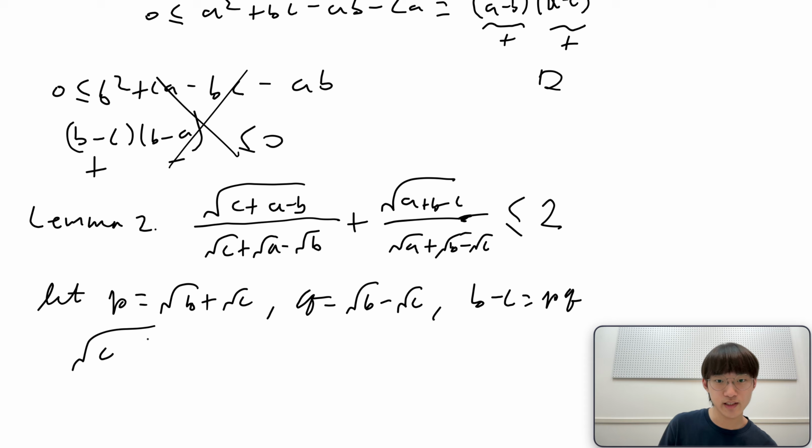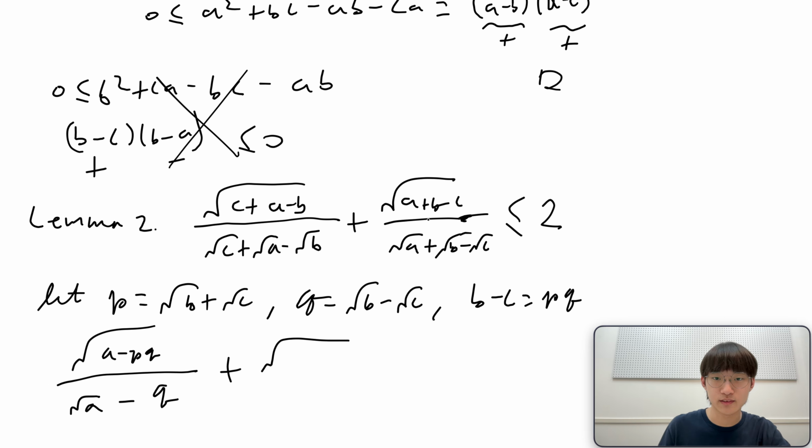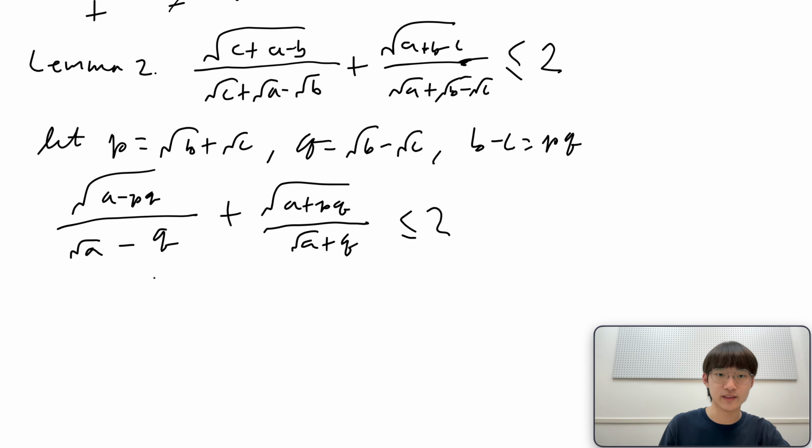So we get a minus pq over root a minus q, plus a plus pq over root a plus q. So we need to prove that this is true.